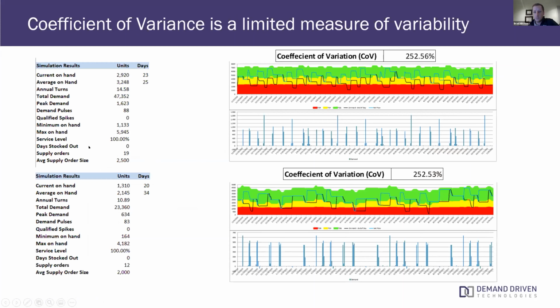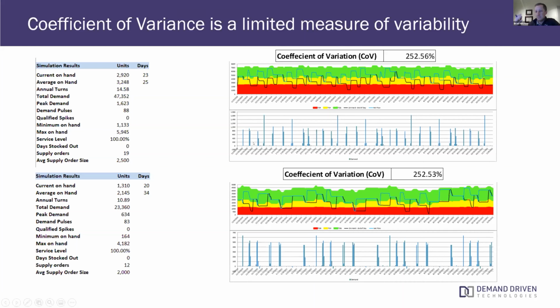What we've seen over thousands and thousands of items and simulations and client databases is that COV can be very limited because it doesn't take into account the timing or grouping of demand. In this case, I have two parts, one that has quite regular demand here at the top.